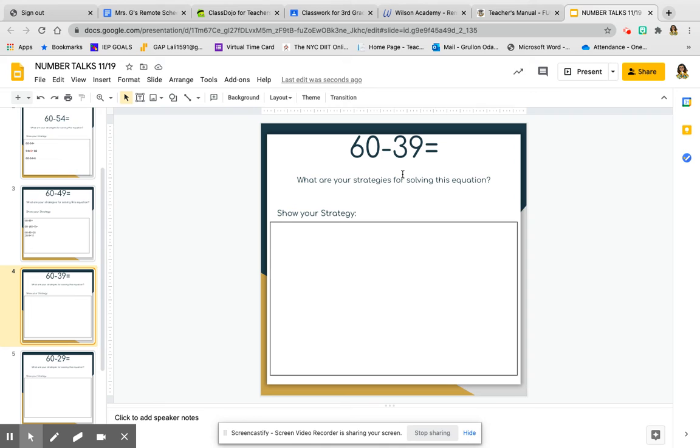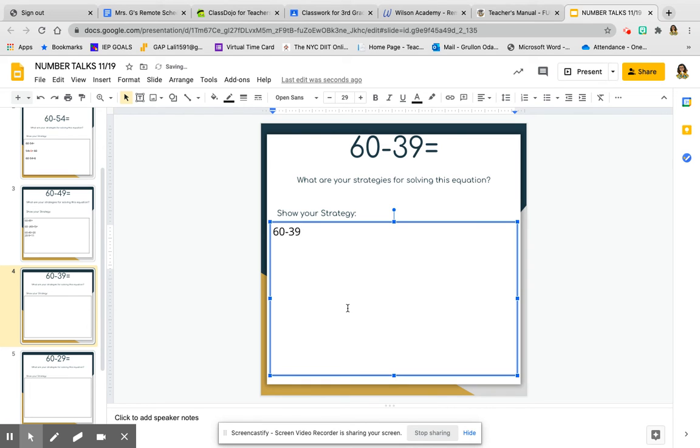Here we have 60 minus 39. So I'll give you guys an opportunity to think about what the difference could be, what strategies you could possibly use to help you get to this answer. All right. So I have 60 take away 39. I'm going to start by writing 60 minus 39.